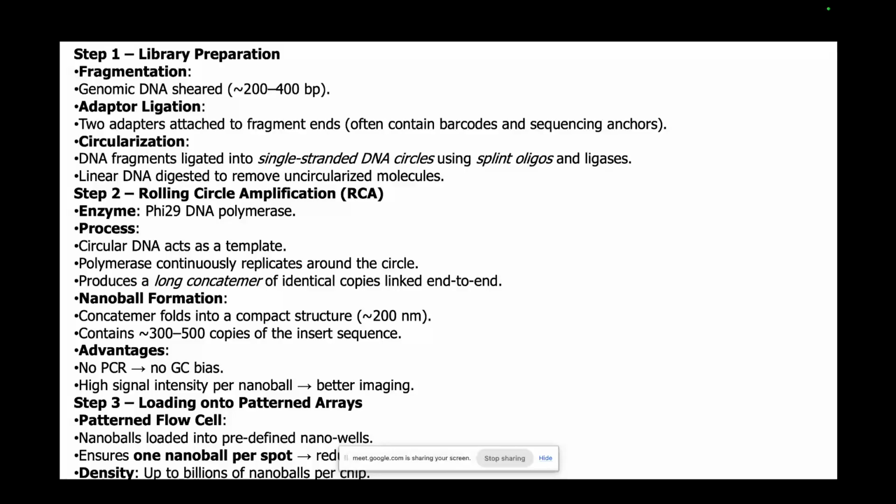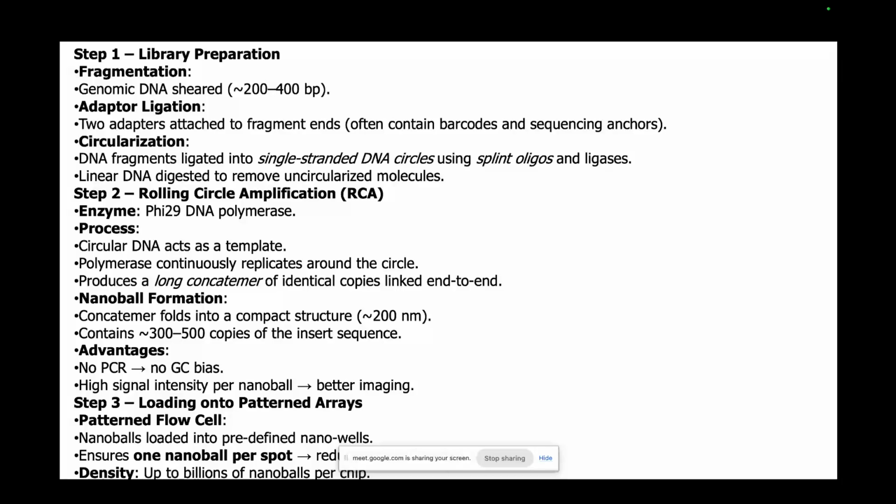Then all these concatemers, these amplified circular reads, are folded into a compact structure, just like, for example, when histone is used to fold DNA naturally within the cell. How it does it is, histone has a positive charge, DNA has a negative charge, so the DNA will wrap around the histone octamer, and then it is packed densely.